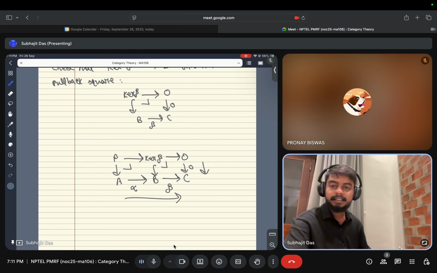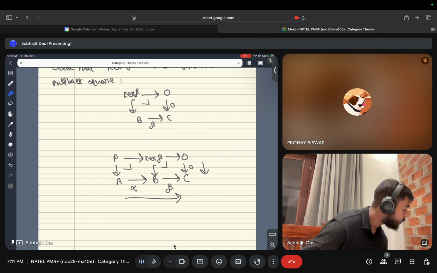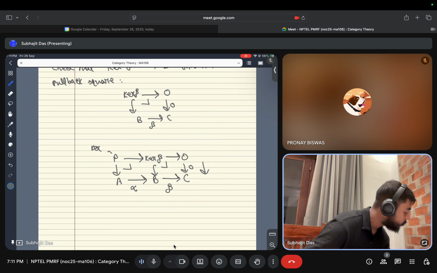What is that actually? That is exactly the kernel of beta composed alpha, right? So P is actually isomorphic to the kernel of beta composed alpha.